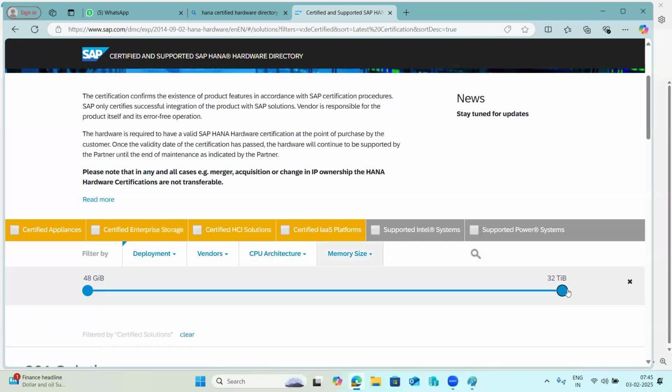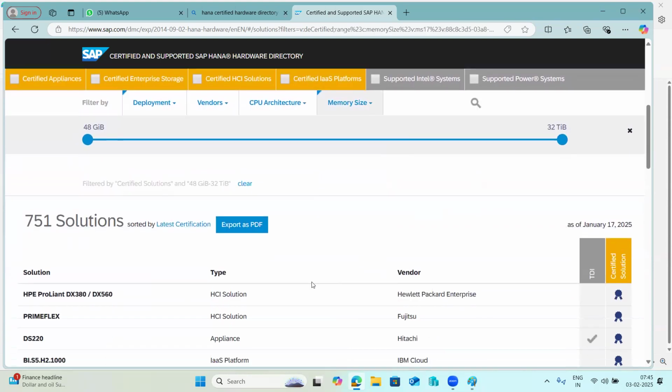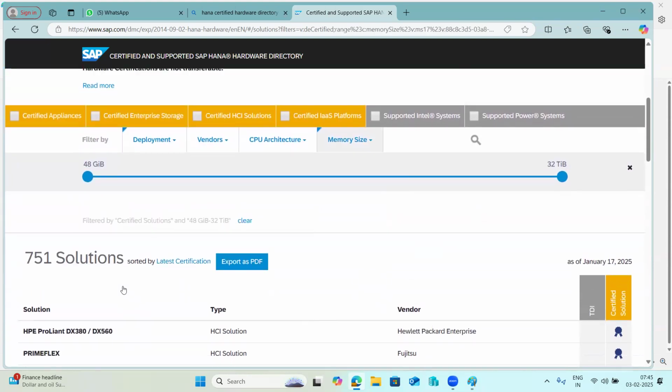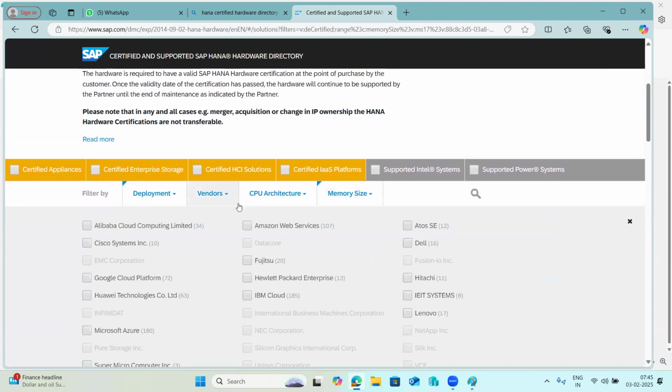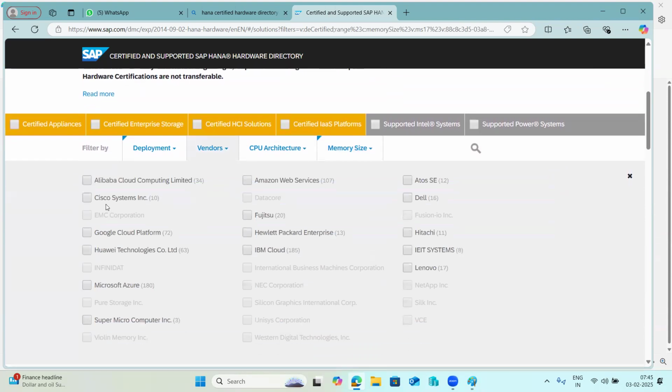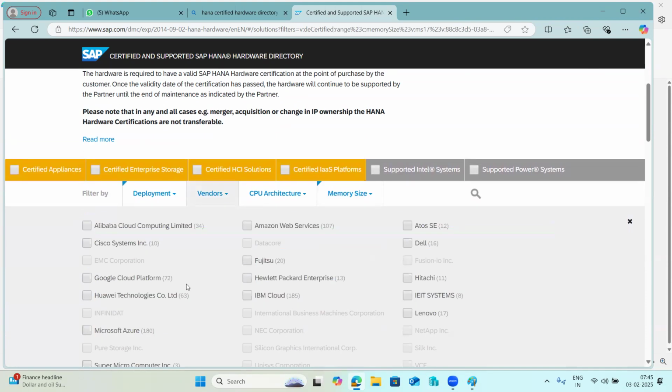See, 32 TB. Earlier it was just 16, but now 32 TB. Based upon the requirement, you have 32 TB here. The vendors are Cisco, Google, Dell, Atos, Hitachi, Lenovo. These are the hardware vendors who will provide the hardware, so we have to procure the hardware from these vendors only. Then we can install HANA here.